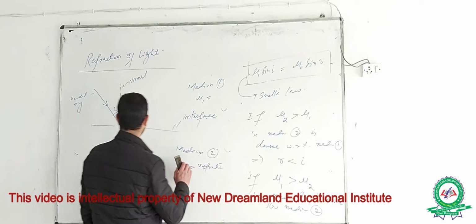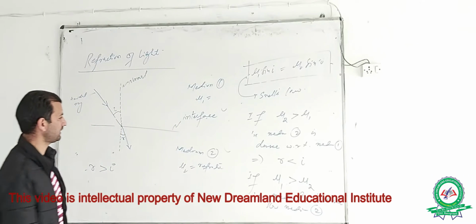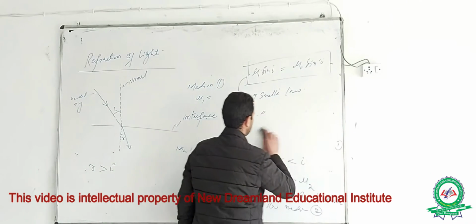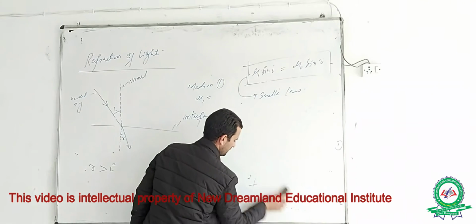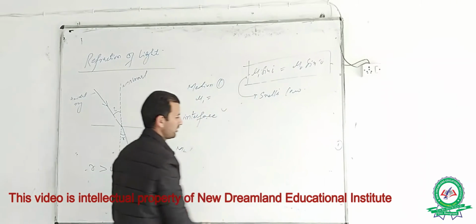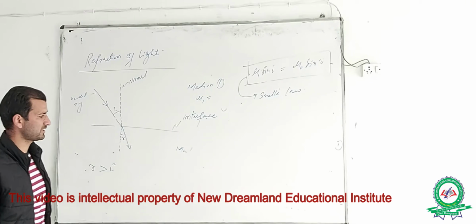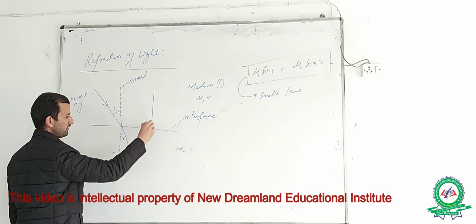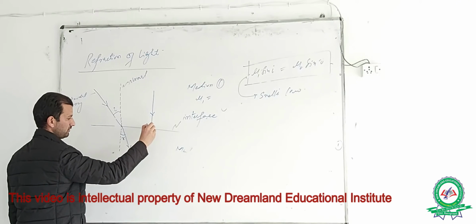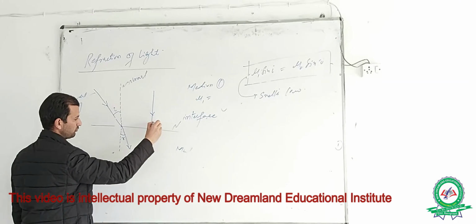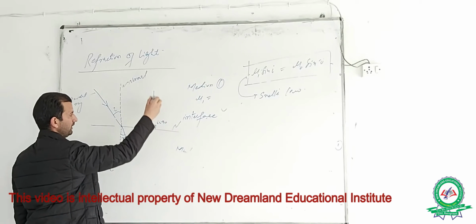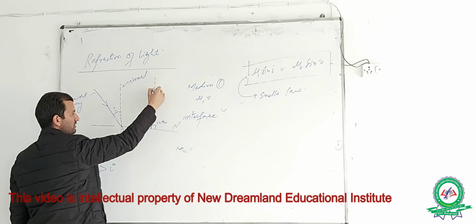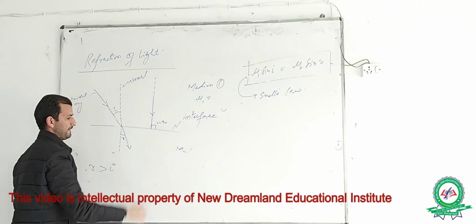And if the light is incident at the interface normally, in the case of normal incidence, this will be the situation: the incident ray is incident at the interface normally. So the angle of incidence of this ray of light with the normal is 0, because it comes along the normal.